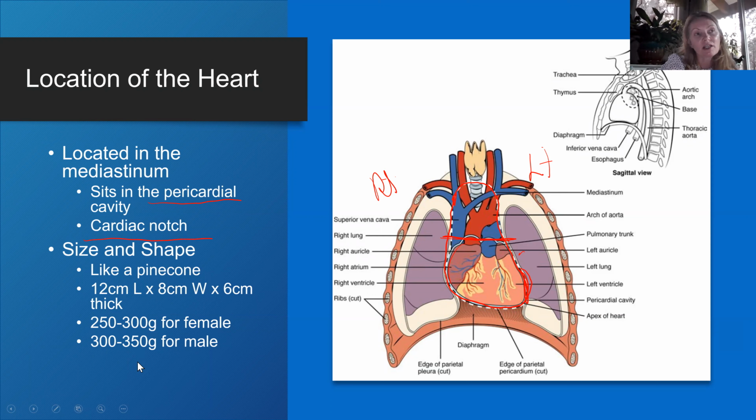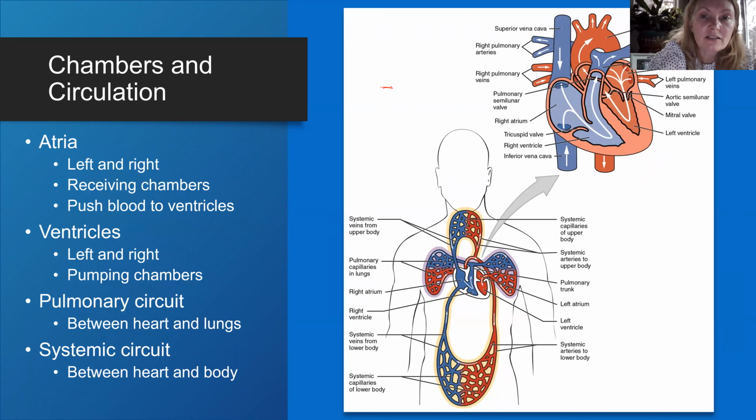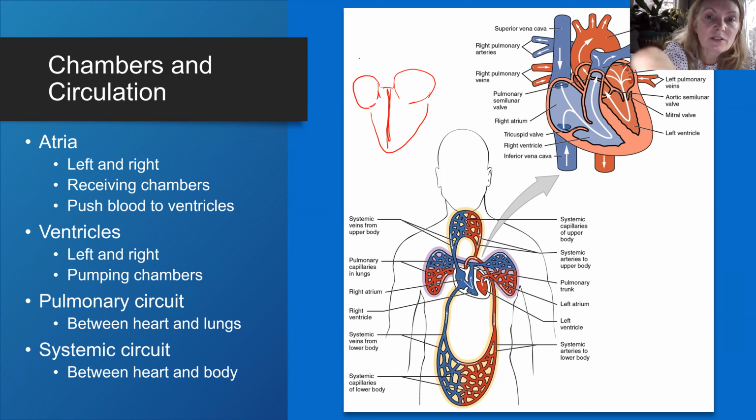Now, a human heart has 4 chambers. If I were to draw a very simple diagram of the heart, I would draw it kind of like this, with 2 upper chambers and 2 lower chambers. This would be my atrium, and this would be a ventricle, and a ventricle.